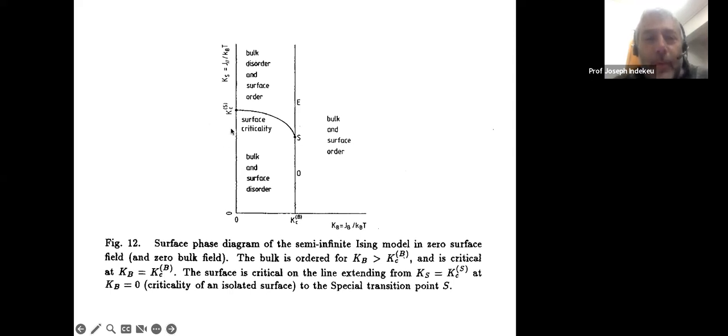And so this point here is the critical point of the two-dimensional Ising model without any sort of bulk three dimensions attached to it. But as soon as we attach some very small bulk couplings and attach a three-dimensional semi-infinite system on top of this two-dimensional surface, we still have the possibility, no surprise, to have an order-disorder transition.